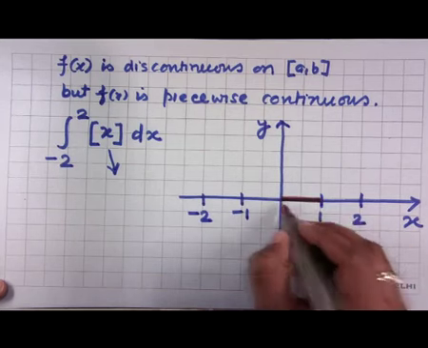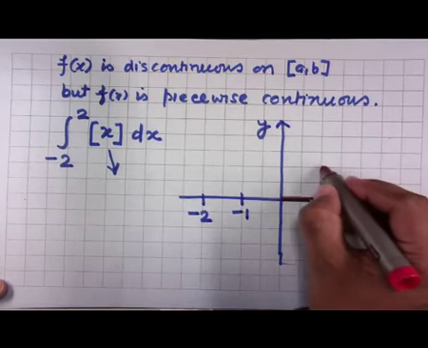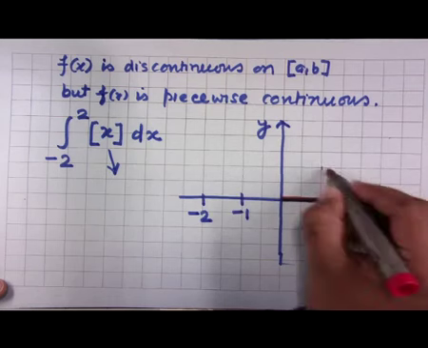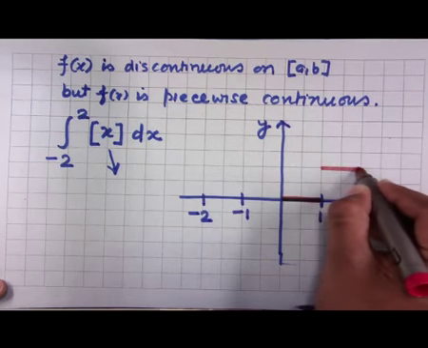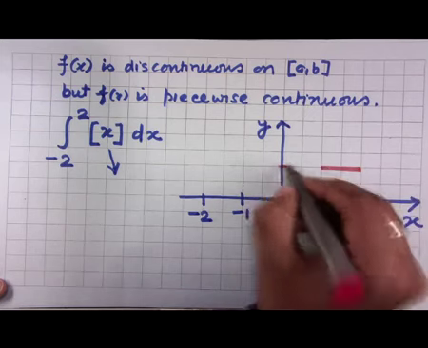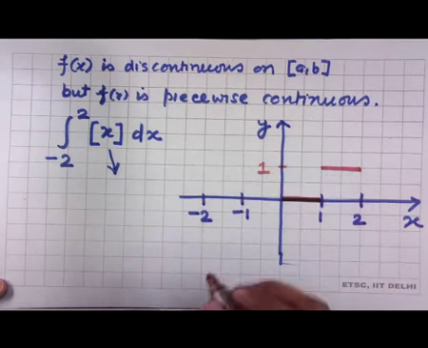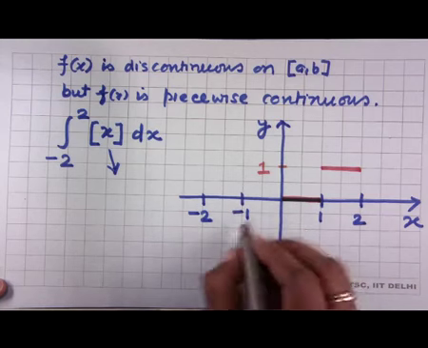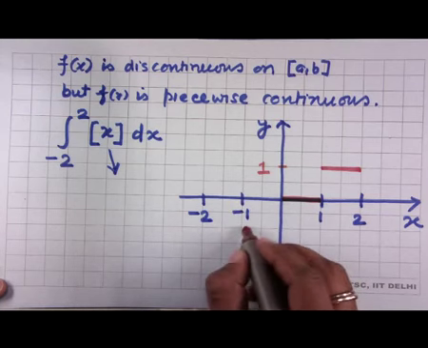Between 0 and 1 it takes value 0, at 1 it takes value 1, and between 1 and 2, just before 2, it takes value 1 throughout. This is 1, and between minus 1 and 0 it takes minus 1.